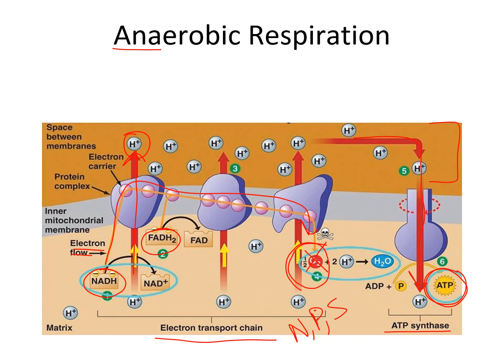So anaerobic respiration is almost identical to aerobic respiration with the exception of that final electron acceptor. And the maximum number of ATP that can be synthesized during anaerobic respiration is slightly less than aerobic respiration, and it would be a maximum of about 36 ATP.